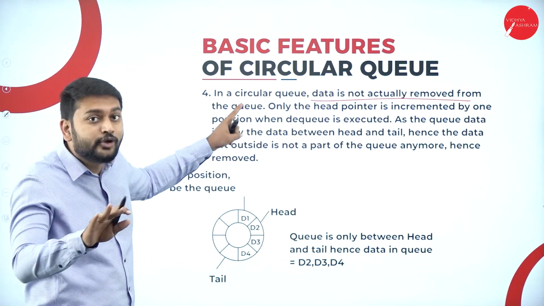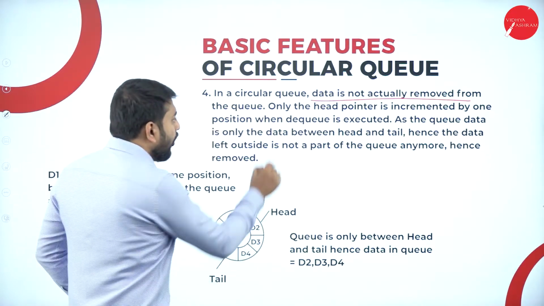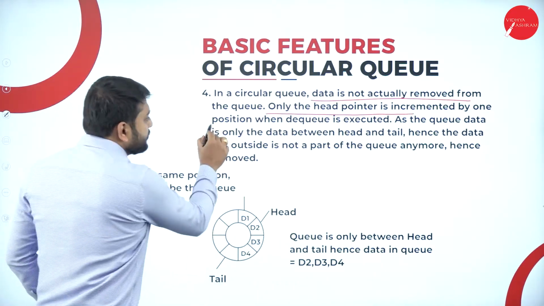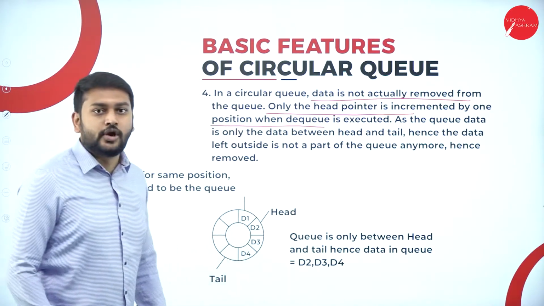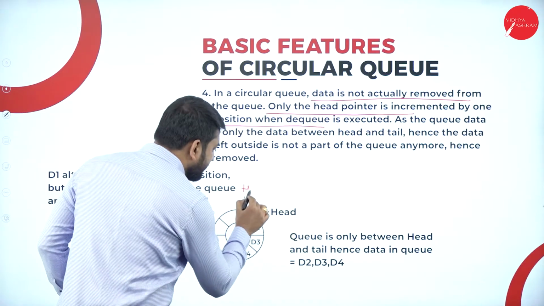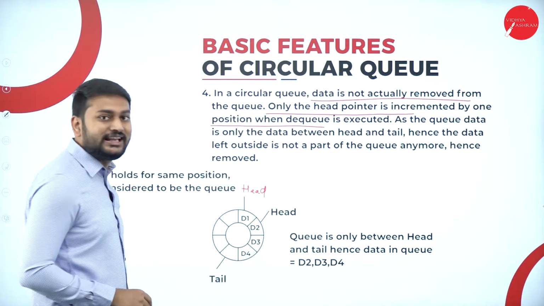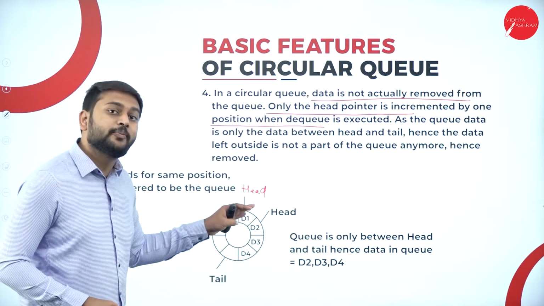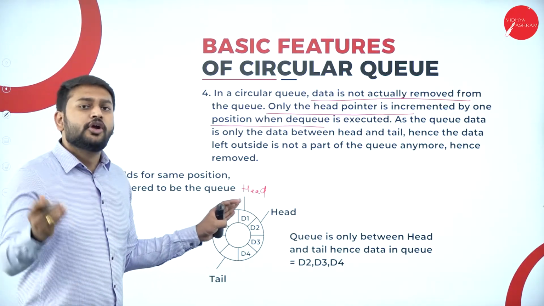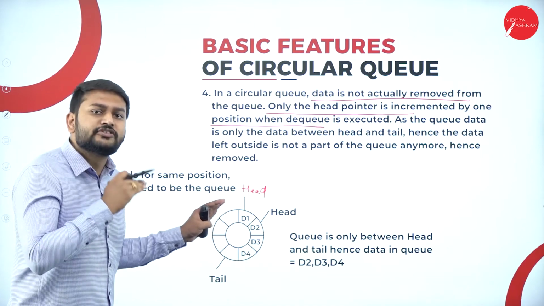Only the head pointer is incremented by one position when the DQ is executed. What is the meaning of it? Observe. My head pointer was pointing here. Previously it was here. If I perform the DQ operation, what is the meaning of the DQ operation, which we discussed in the beginning of this session?